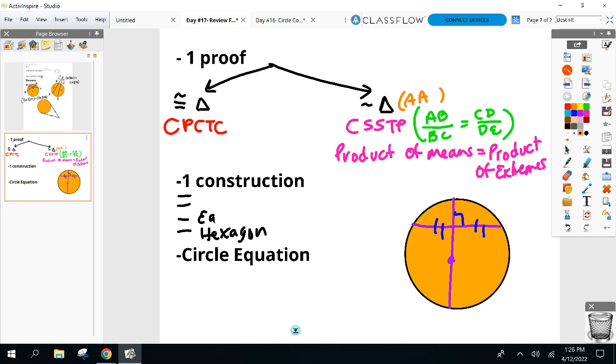Which is the same construction as the hexagon, isn't it? So I say 4, but there's really 3 to know how to do. What else could I ask you to construct? Hexagon, equilateral, square. And then finally, I could ask you not to do any figure, but just draw a line that is tangent to the circle. Tangent line, yep.